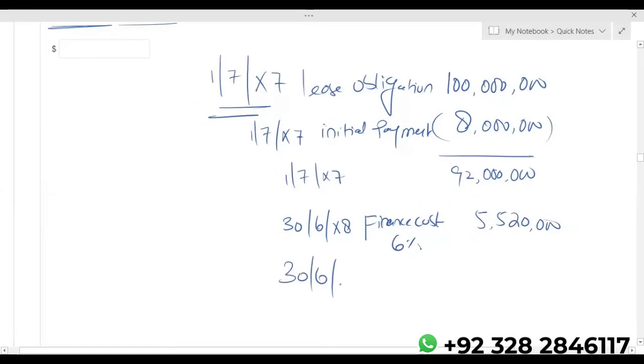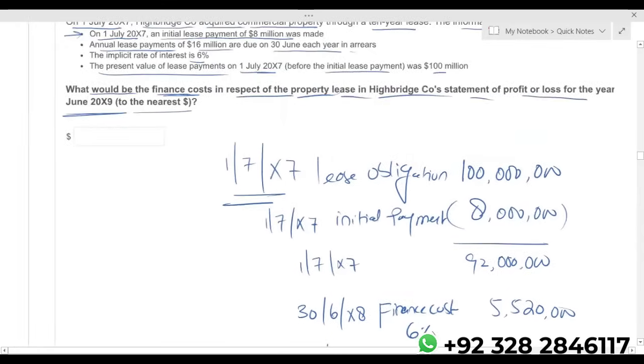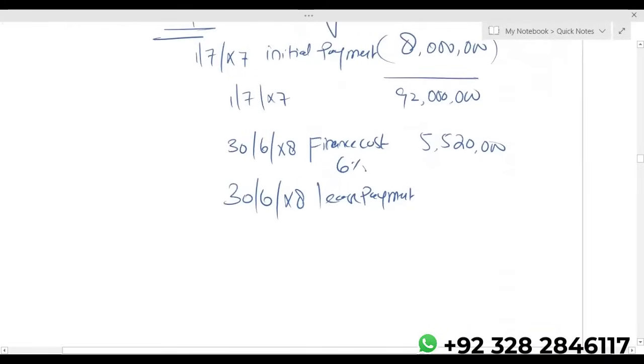30th June X8 lease payment. We will deduct how much? 16 million.